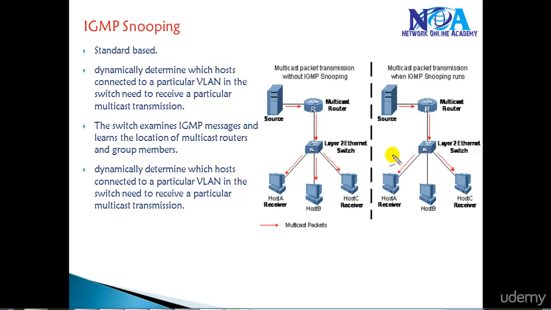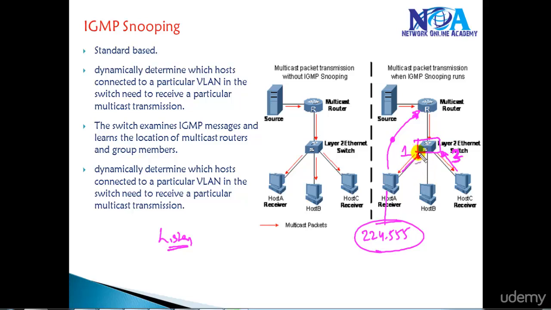Like here, let's say this user sends a join message, just a message reporting to the router saying that it wants to receive the multicast traffic from this group address. The switch keeps monitoring these messages. It's more like snooping on those messages, or listening to them, and it will identify that there is an IGMP request coming from this port, let's say port number 1, and also an IGMP request coming from port number 3, and none on port number 2.